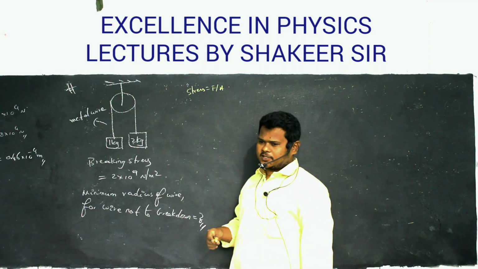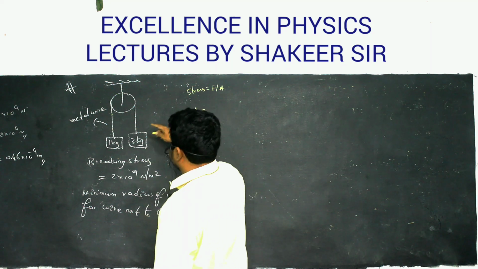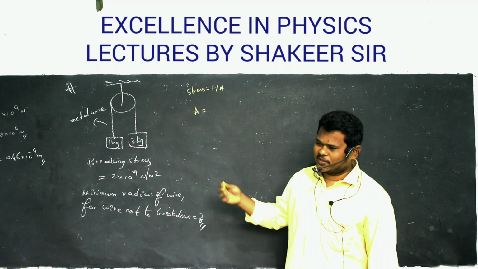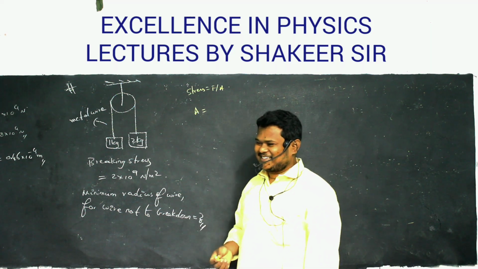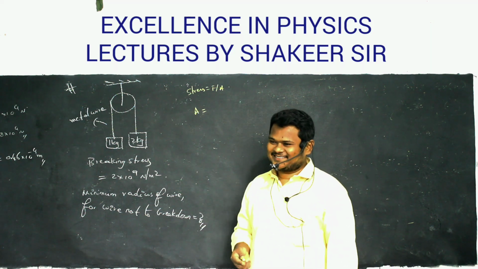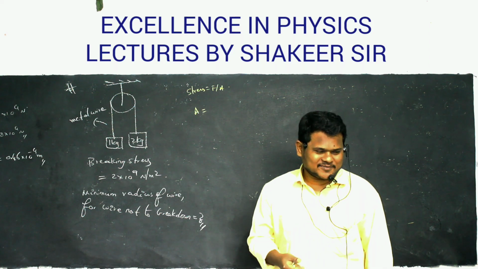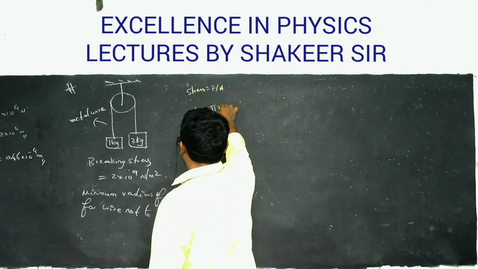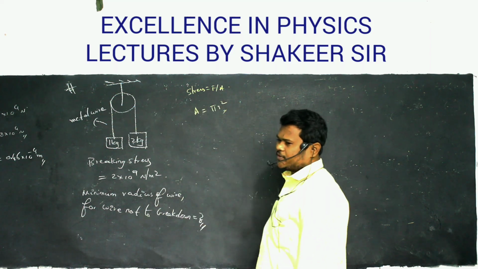Area of cross section: the wire will be in the shape of a cylinder. Area of cross section of a cylinder is pi r square. R value I am supposed to find out.